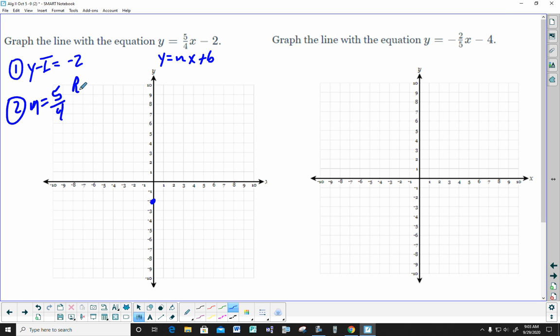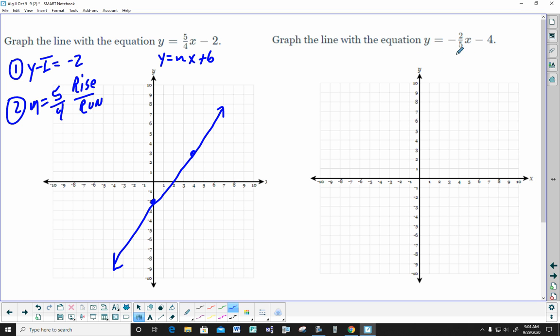So you rise 5, run 4 from this point. So rise 1, 2, 3, 4, 5. Don't put a dot, and now run 4. 1, 2, 3, 4. And there's your line. Okay?